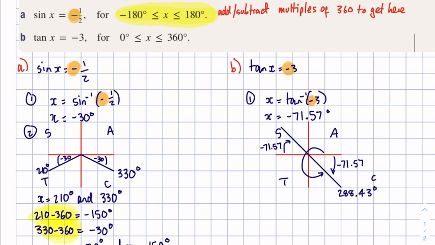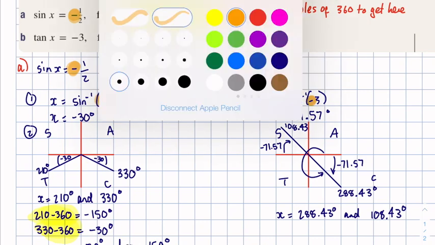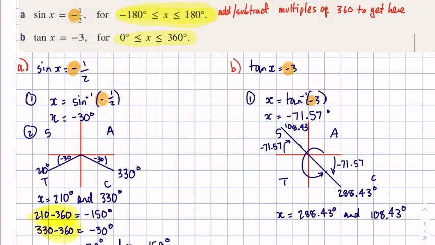It's 108.43. So x equals 288.43 and 108.43. And double checking our domain, yeah, they're both there. So they're fine.